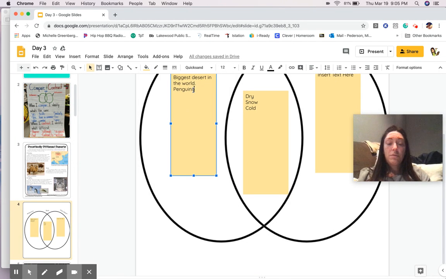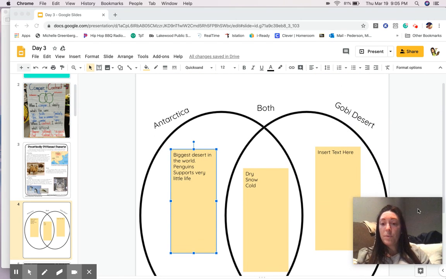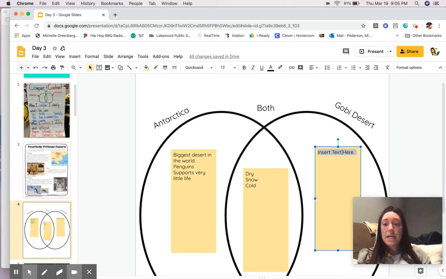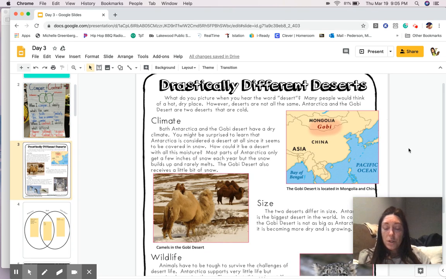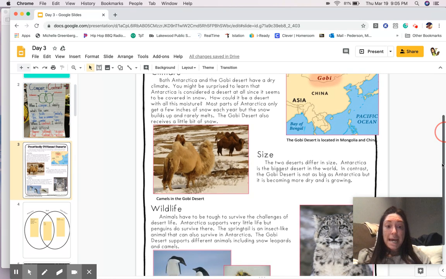So I have supports very little life. And now I can go over to the Gobi Desert. I'm going to move myself back down. And I can say it's smaller. It supports many. So I want to make sure I get my text evidence right. So it supports many different animals.